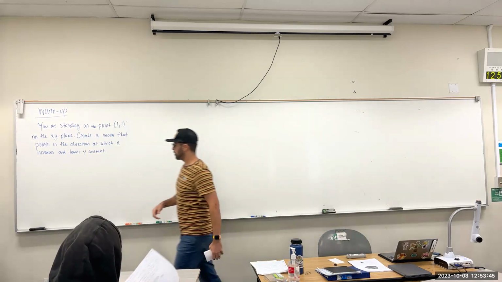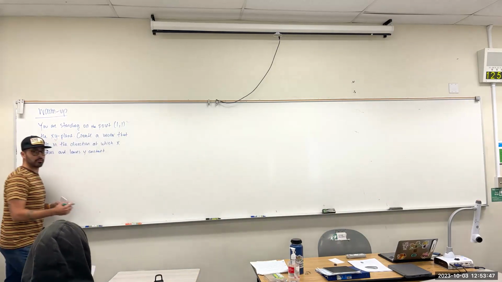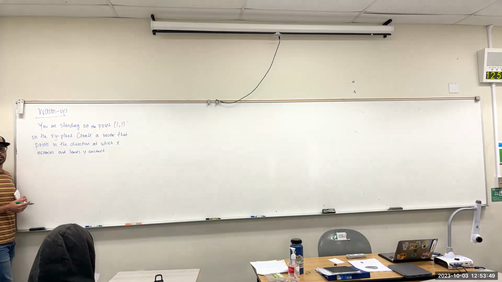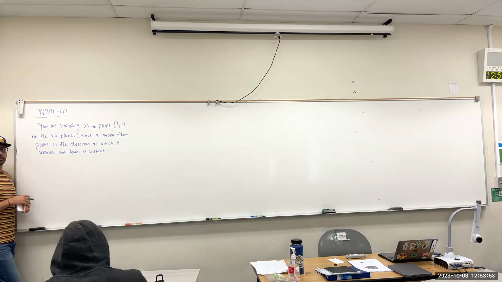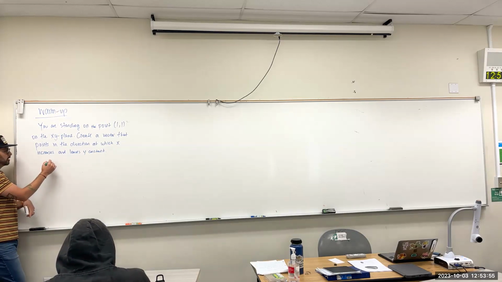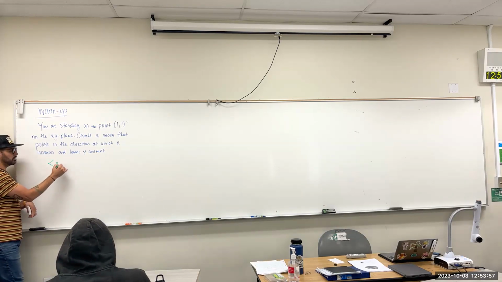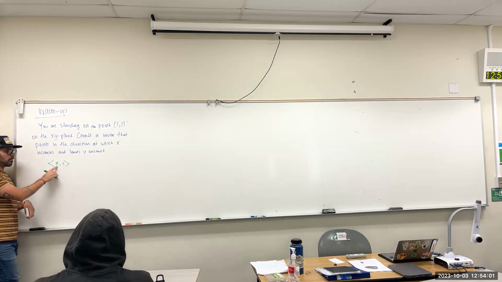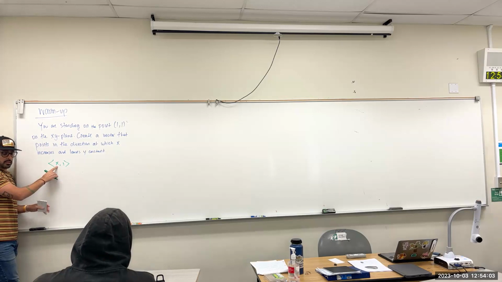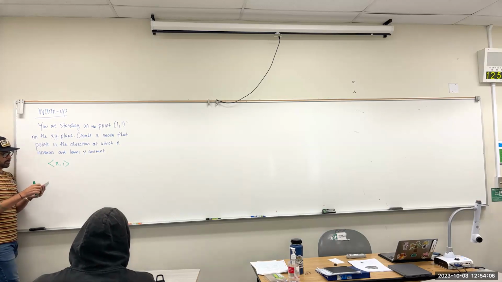Eleni, can you share what your group came up with? Just share the vector here that you came up with. The vector is x comma 1. So x comma 1 like this? Yes. Cool, okay. X here meaning it could be anything? Yeah. Okay, thank you.